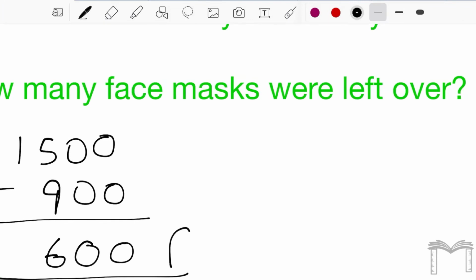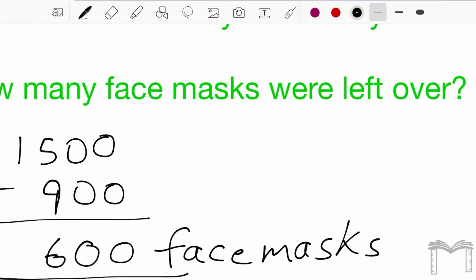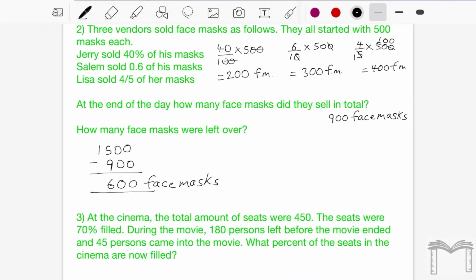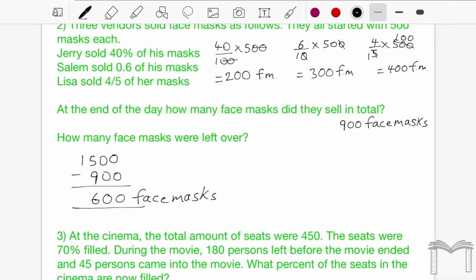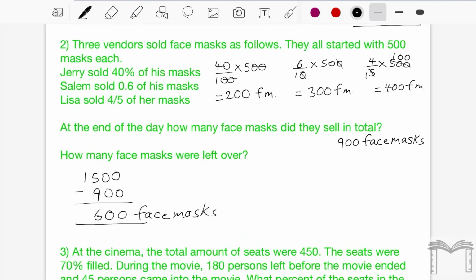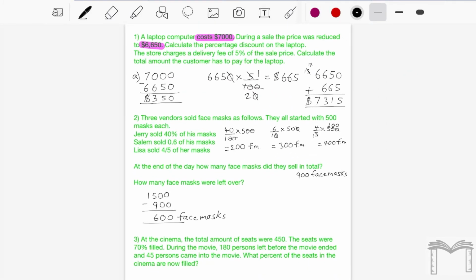So remember, always put your units. So we are talking about face masks. So you can feel free to take down the solution.